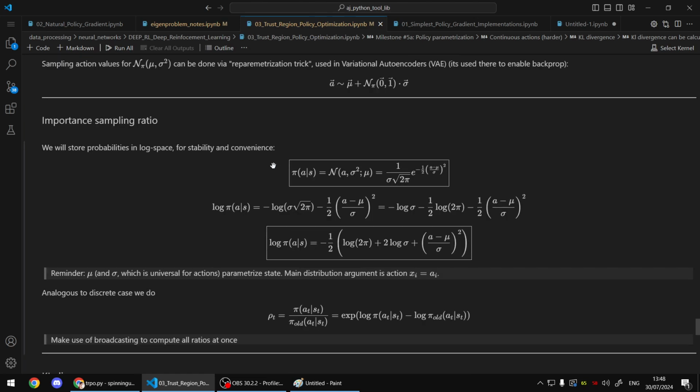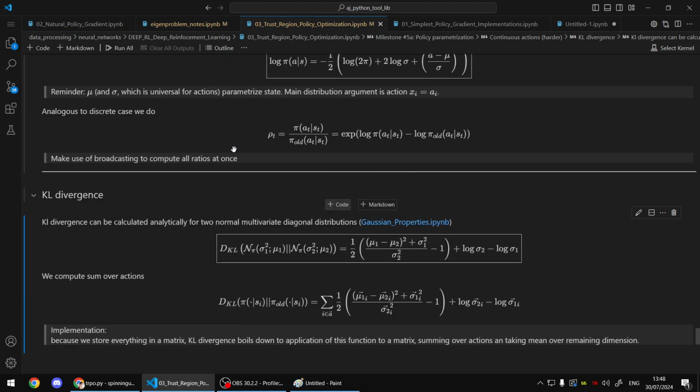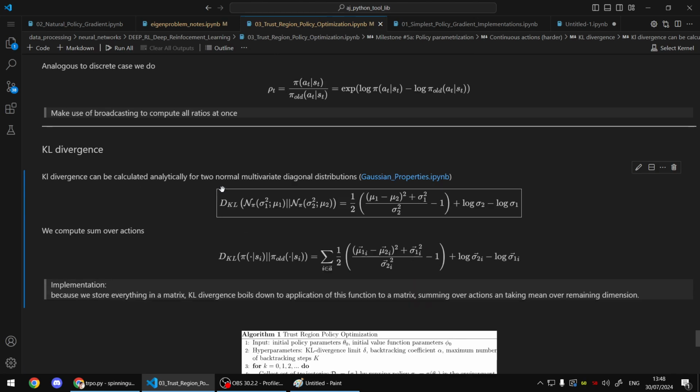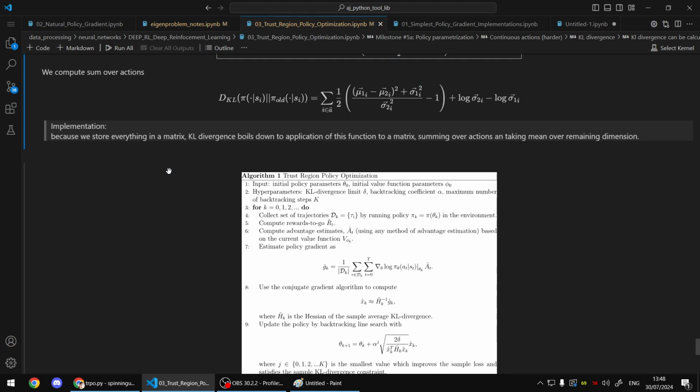That's how we sample. That's how we actually compute log probabilities using our data, and how we implement KL divergence. Again, we sum up our actions and take the mean over states.